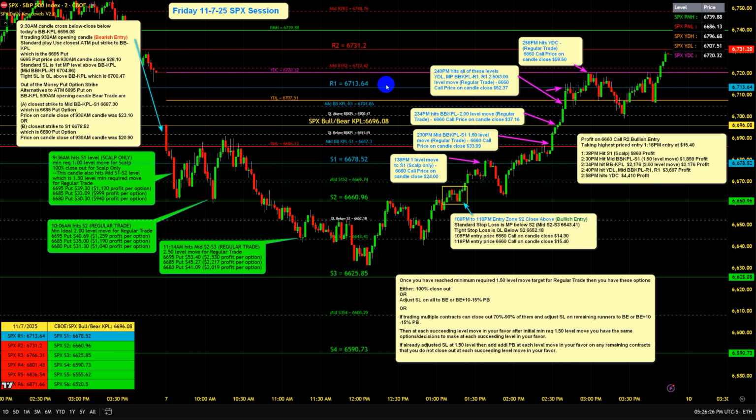So once a regular trade meets the 1.50 level minimum move requirement, then if any of these levels occur after that 1.5 level move has been achieved, if any of these levels are in the direction of price continuing to move in your favor, they also become additional waypoints for decision making, much as you see here.